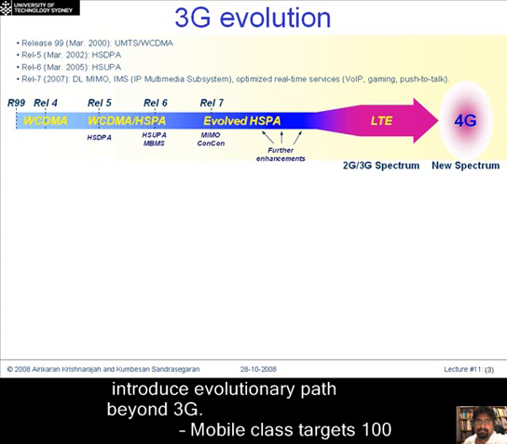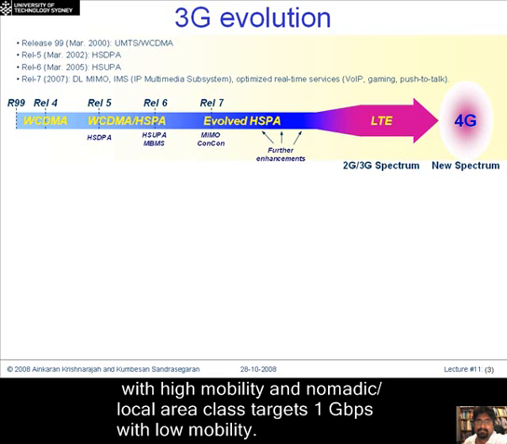And then in release 7 came the introduction of something called Evolved HSPA, where on the downlink something called MIMO was used along with the IP multimedia subsystem, and this allowed better services to be offered to users.